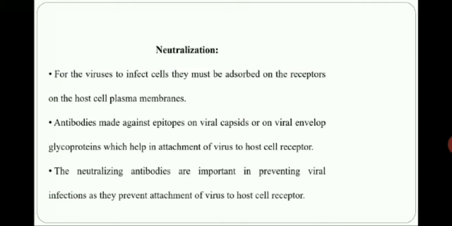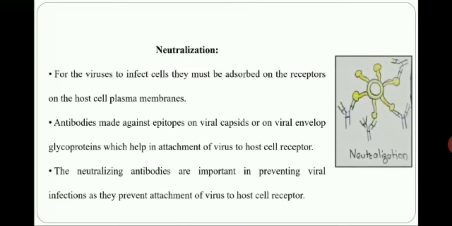If antibodies are attached to these epitopes, then the viral particles are unable to attach to the surface of the host cells. Such antibodies are called neutralizing antibodies, and they play an important role in preventing viral infection as they prevent the attachment of the virus to the host cell receptor.